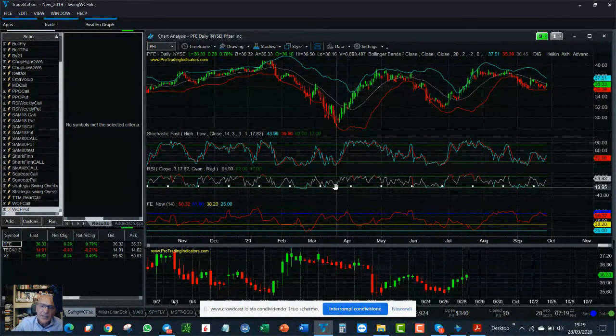So this could be an interesting entry point. But in this case, we don't have the two other criteria set, which is the FE, the fractal, which needs to be in this area below the 38. So this area here.